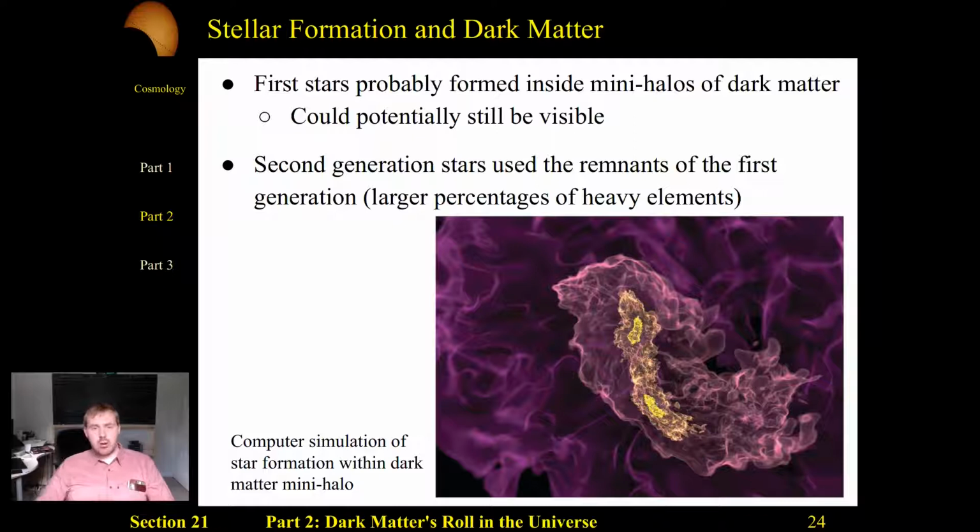Regardless, there is a generation of stars that lived and died, and they sent out their heavier fused material. And so the second generation of stars would have formed in the dust, basically the death of that last star, and have a higher abundance of heavier elements in them.